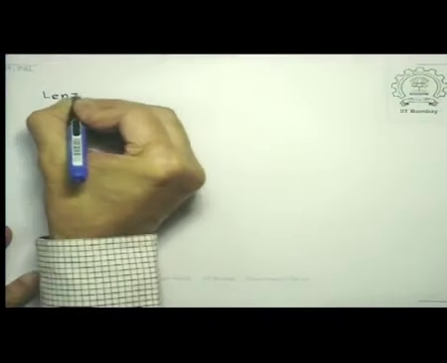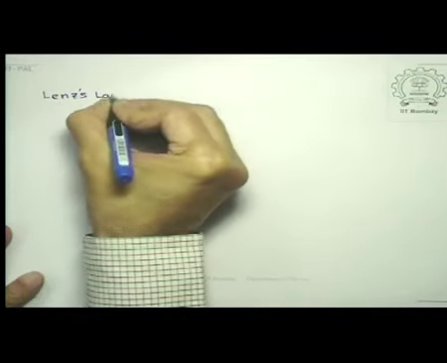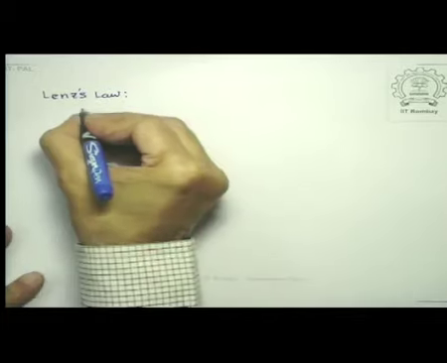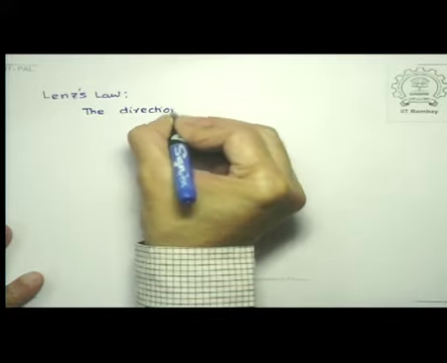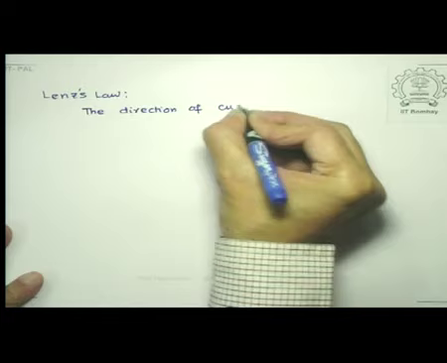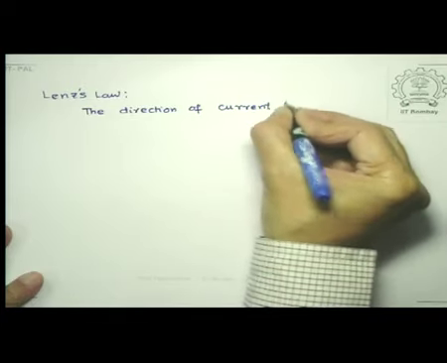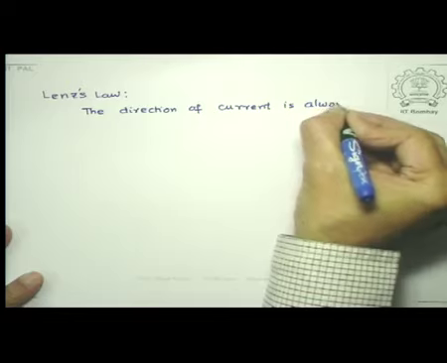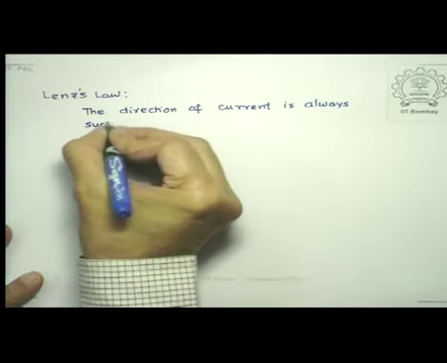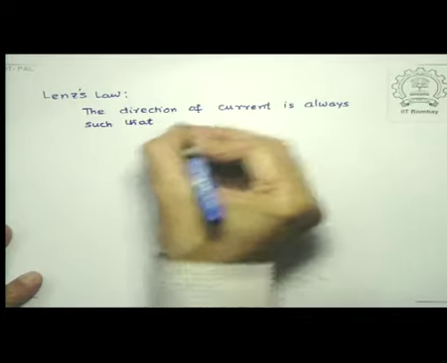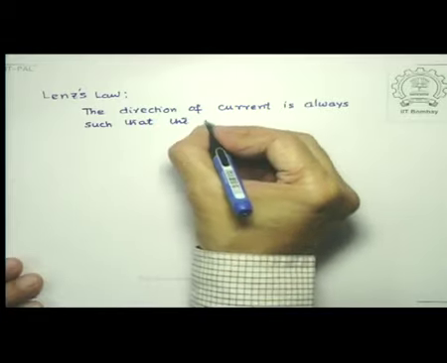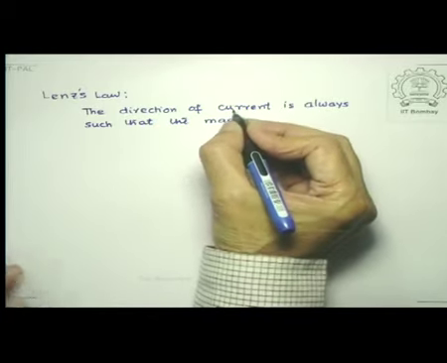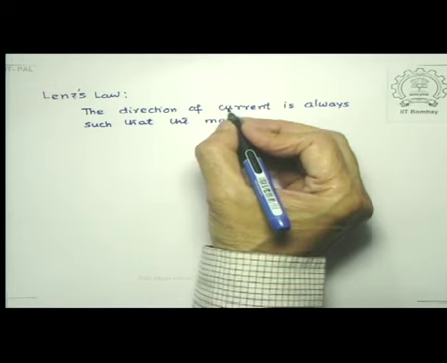So according to Lenz's law, the direction of such induced current is always such that the magnetic field that such a current produces opposes the change that produced it.